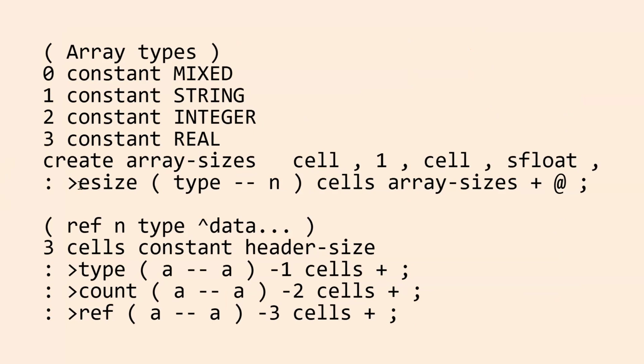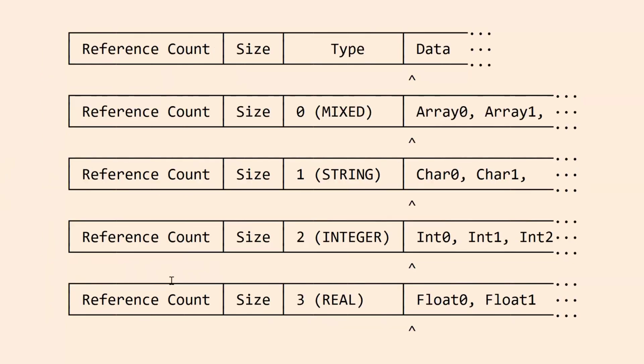We can then have a bunch of convenience words for accessing these items in the header. I should point out that although I'm allocating these from the front here, the pointers that I pass around, I have them pointing at the data, just because that's typically the thing you want to access, and I've stuck the header information off to the left.